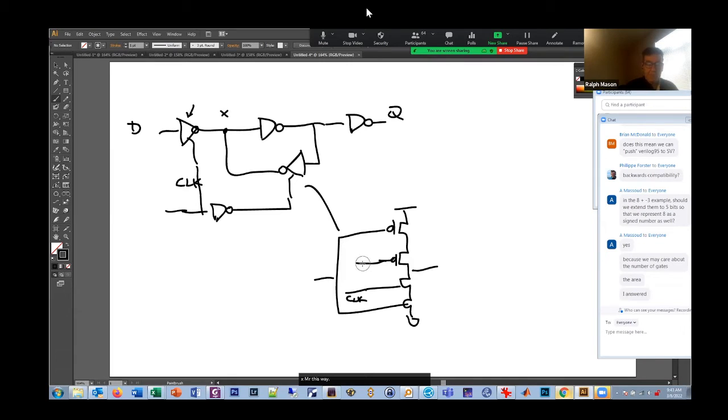You need a clock and a clock bar for this tri-state driver, right? I don't need the inverter because I'm going to have it. So this has 4 here, 2 here, 2 here, 4 here, and 2 here. So what's that? 4, 8, 10, 14. This has 16 transistors.